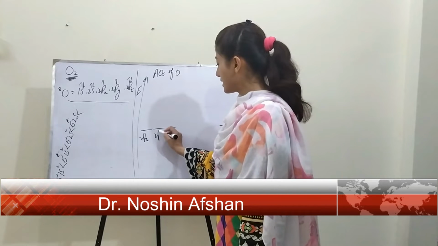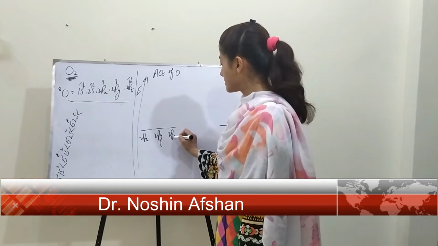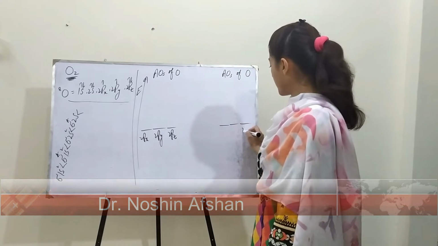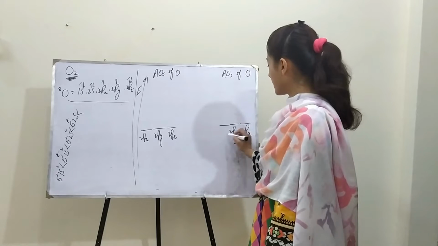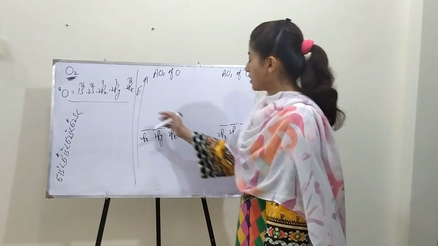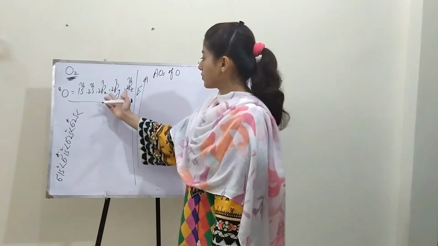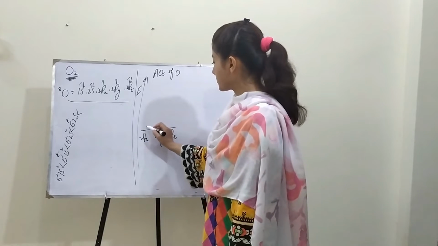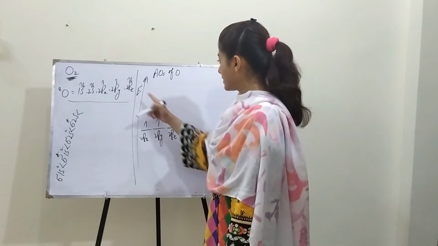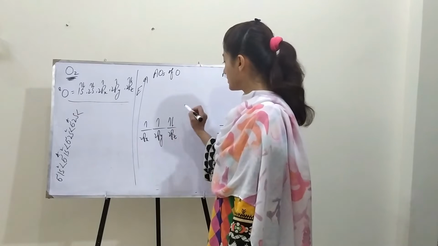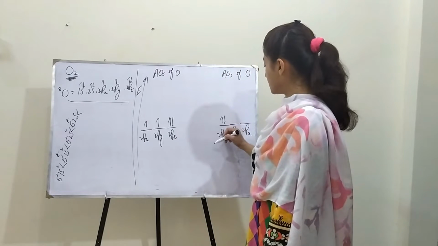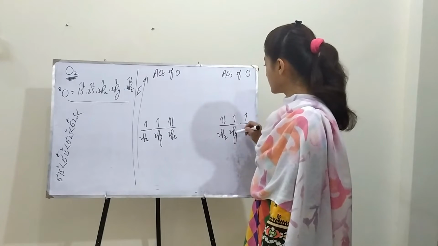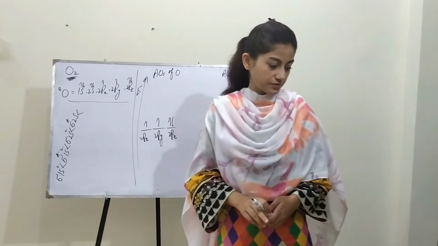This is the 2px, this is 2py, and this is 2pz. Here the same pattern is followed, 2px, 2py and 2pz. Now let's see that here 2px and y have been partially filled and 2pz is completely filled with 2 electrons. So it is 2pz that is completely filled, and other 2 are partially filled.